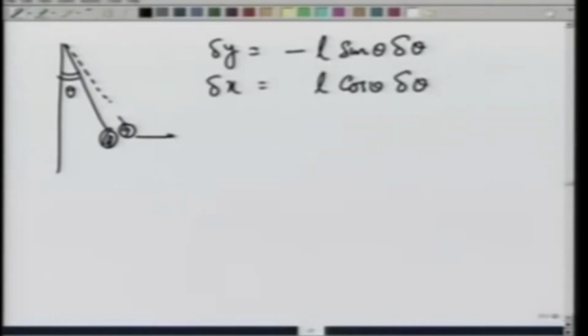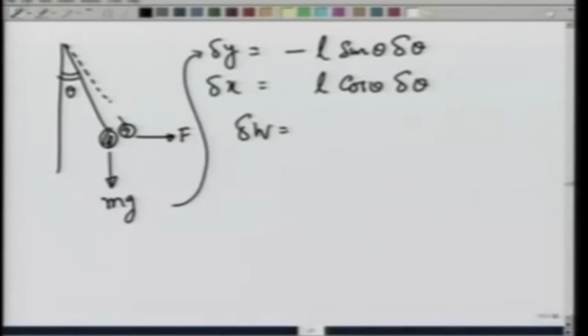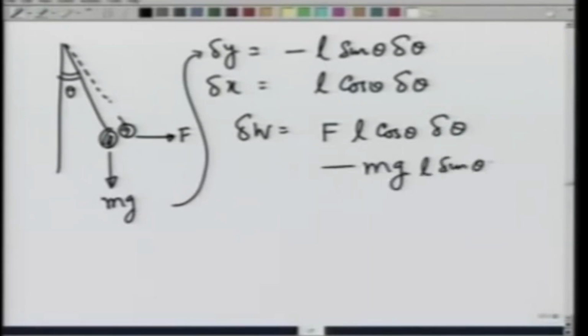The force this way is F, force this way is mg. So, this minus sign in delta y actually refers to this being opposite to mg.